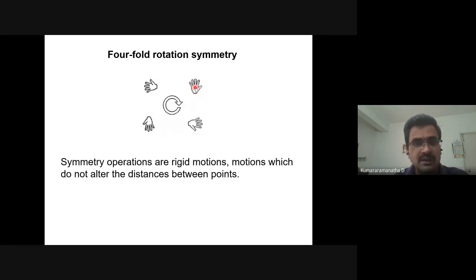Whatever you have started with, you end up in the same position by doing 90, 180, 270, and 360. That is essentially fourfold rotation. So how can you say your hand, not both hands, one hand, is symmetric? It is by doing a fourfold rotation.